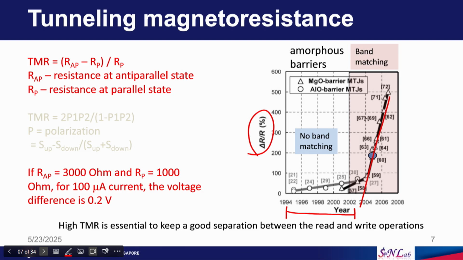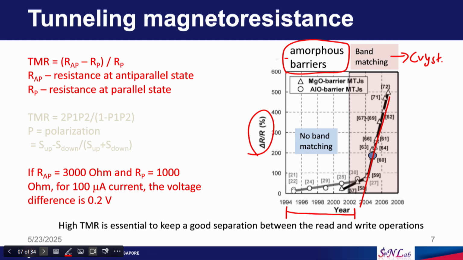In this region, 1994 to 2004, people were looking at amorphous material as the tunnel barrier layer. Then somewhere around 2004, people started using a crystalline barrier.